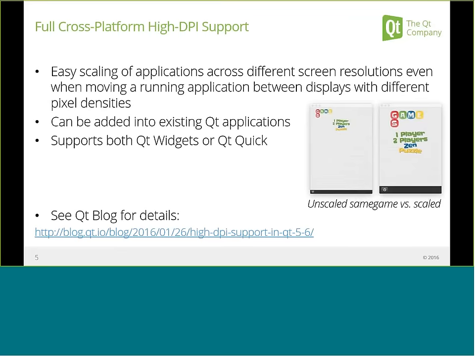Okay, another big item related to application development is the full cross-platform High-DPI support. So what this means in practice is that there are all kinds of different screens with different pixel densities, and especially a lot of different mobile devices have different pixel densities, but also different displays have different densities.